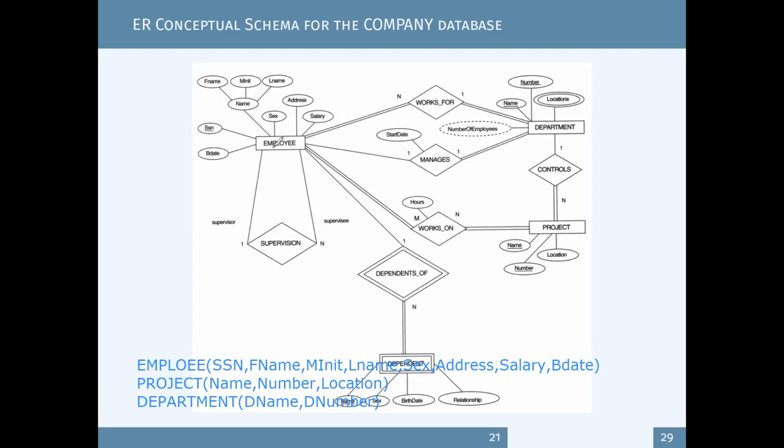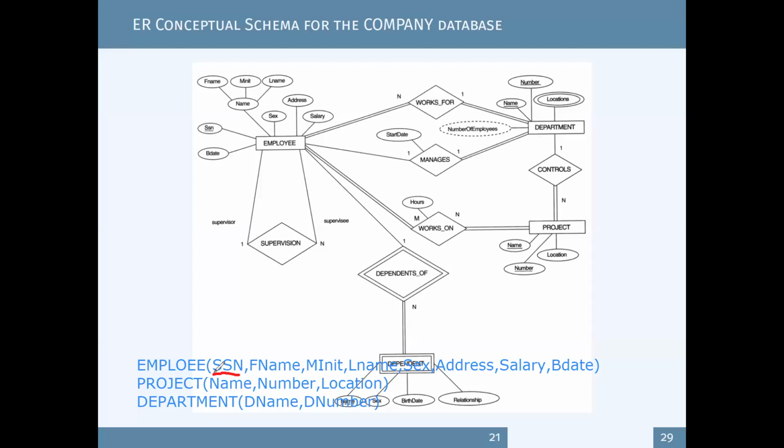So if you look at employee, we will have only one. So I'm going to underline this. This underlining means that we are going to take this as a primary key. Primary key means this can be used to uniquely identify each of the records. It's like our national ID number.